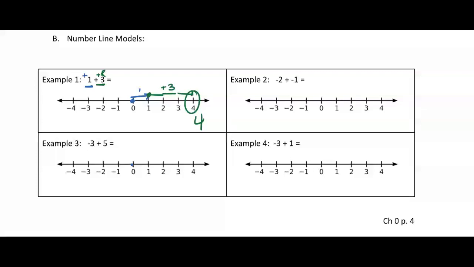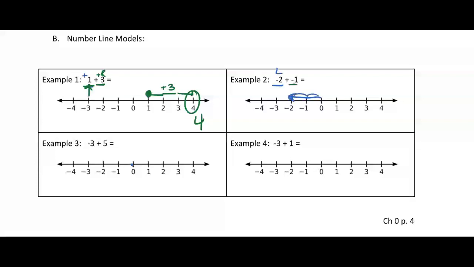In IXL, they'll show a line starting at 1 because this is a 1 and that's where we end up going first from 0. So just keep that in mind. Then in example 2, our first number is negative 2. So we want to be 2 away from 0 in the negative direction. We're going to go left 2. 1, 2.